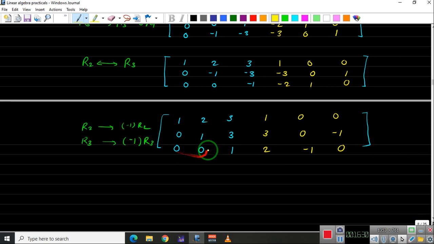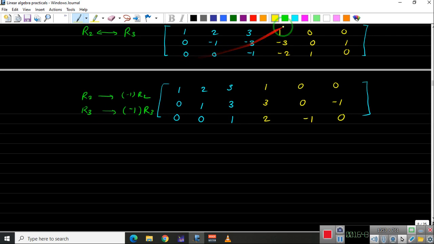Okay, next, by using this 1 we make this 0, and by using this we make this 0 as well. So let's make it. Now R1 will change to R1 minus 2 times R2.